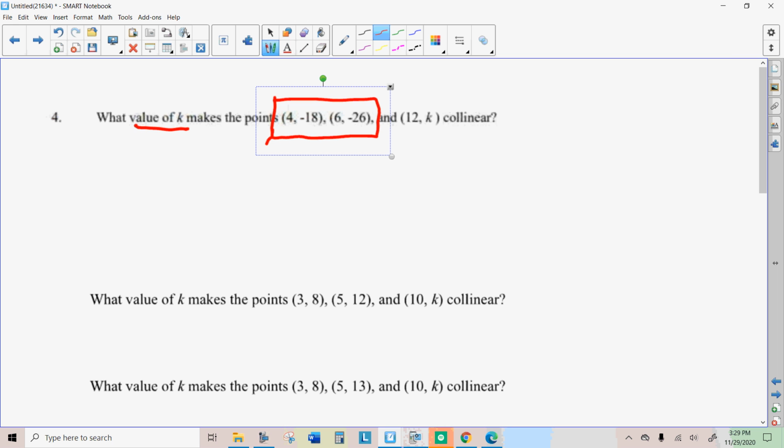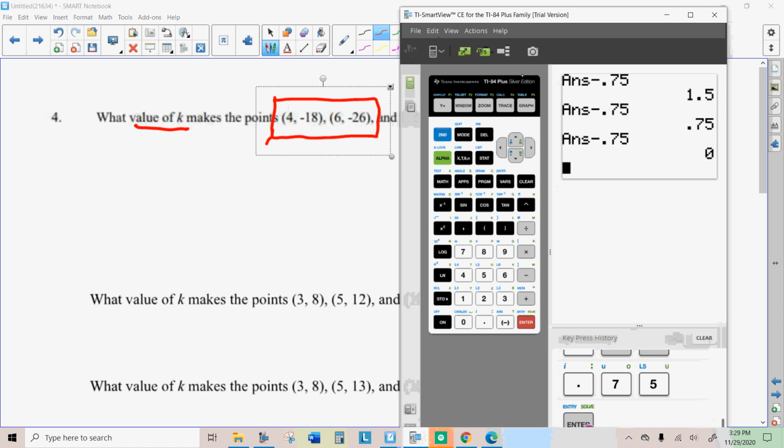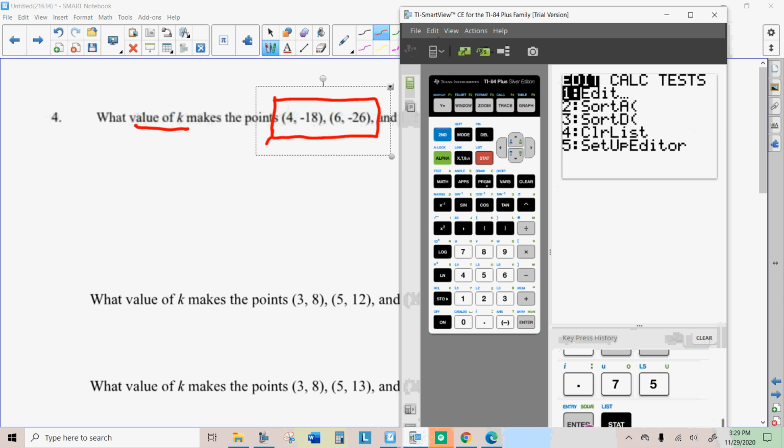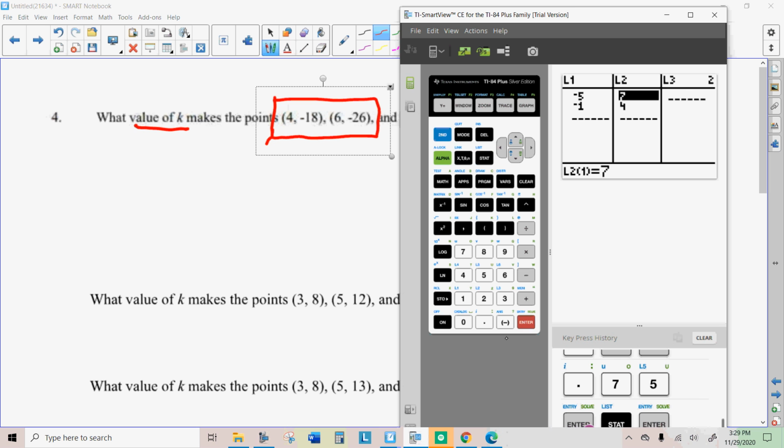So I'm going to take my graphing calculator, and I'm just going to enter in these points, 4 and 6 for my x's. I'm going to let my calculator get the equation for me, and then I'm going to use that to find the missing value. I think that'll be the quickest way.